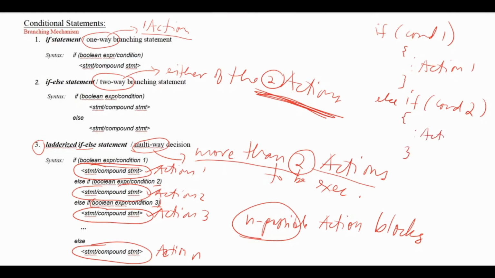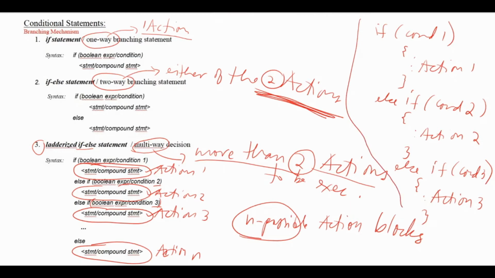This is our action 2. And then we say here else if, condition 3, and then you have another compound statement, and we call this action 3. Now, there are three possible actions to perform: action 1, action 2, and action 3.